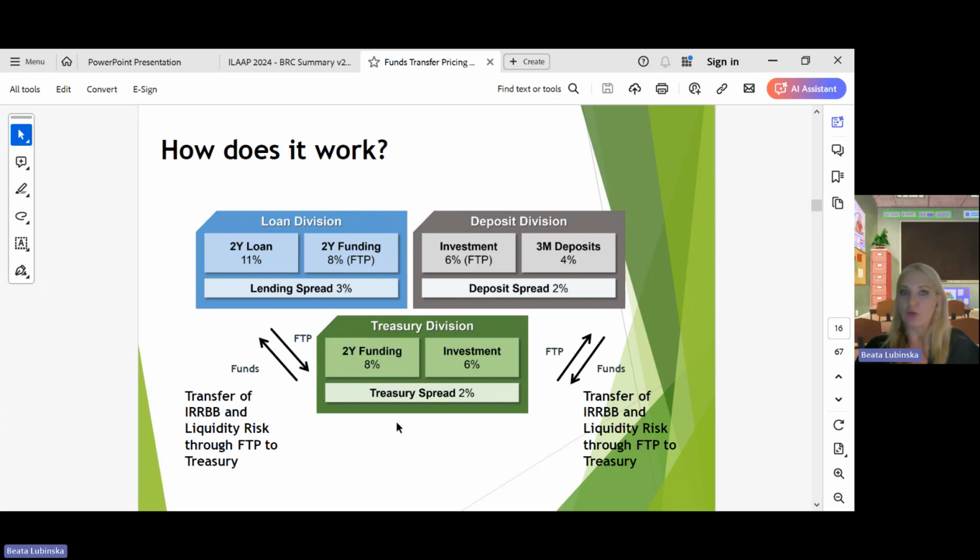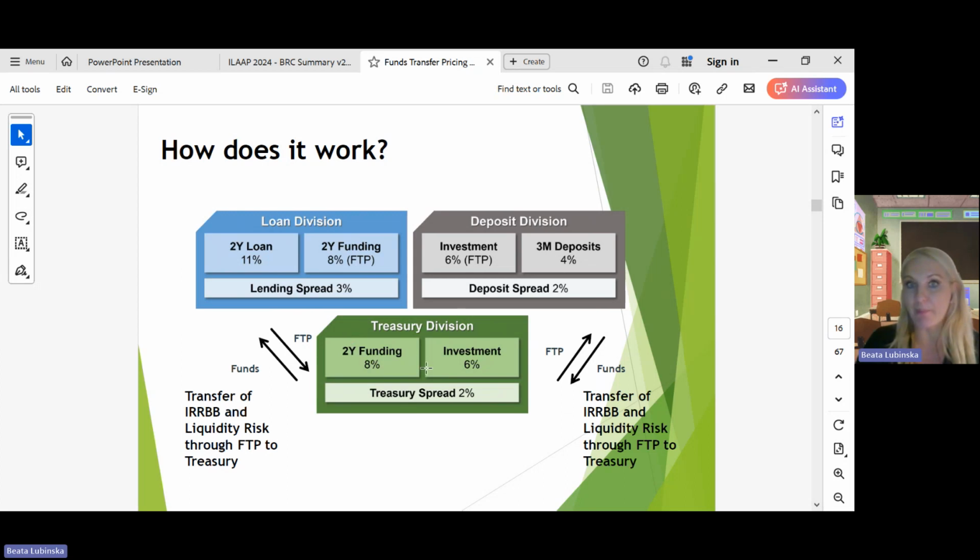Indeed, let's have a look at what's going on at the central unit. At the central unit, we have a 2-year FTP, which is coming from the asset side because it has been charged. So we receive this FTP on the asset side. Therefore, for a mini treasury, a mini balance sheet in the treasury department, we have on the asset side this 2-year FTP at 8%, which is driven by the asset position.